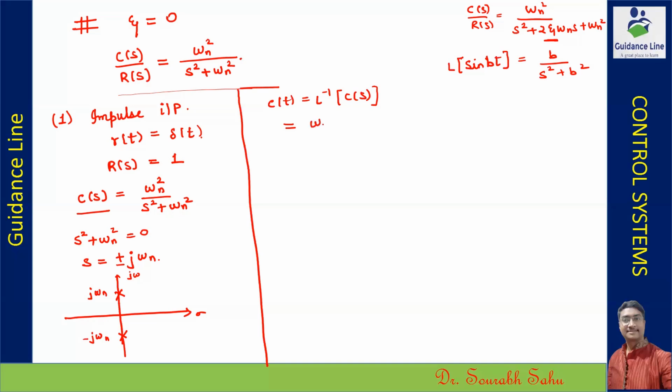So I take one omega n out of this particular thing, and we have sine of omega n t. So the time domain conversion of this particular C(s) is omega n sine of omega n t. If I try to plot this particular thing, you can see we have a value of sine which varies from plus omega n to minus omega n.